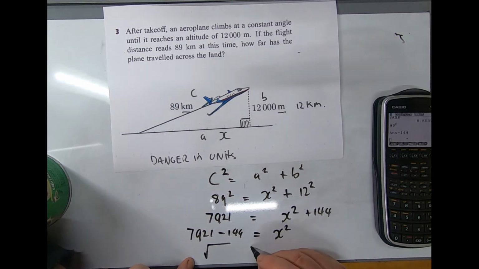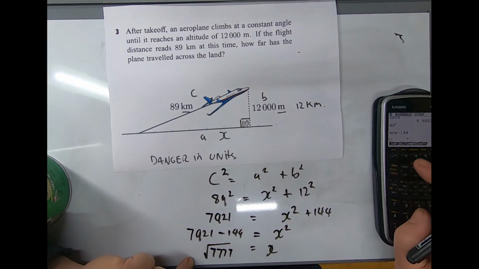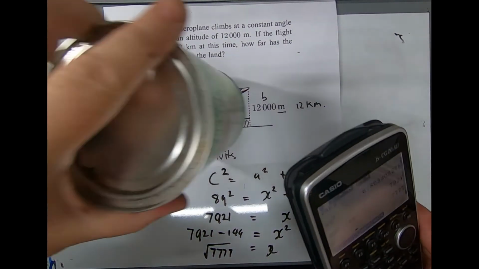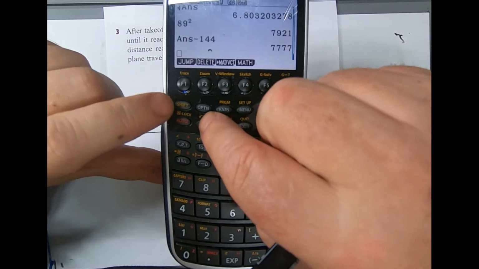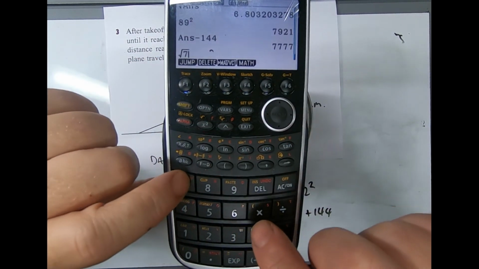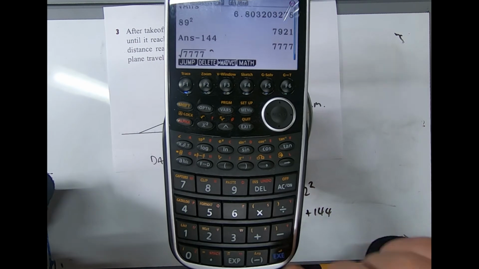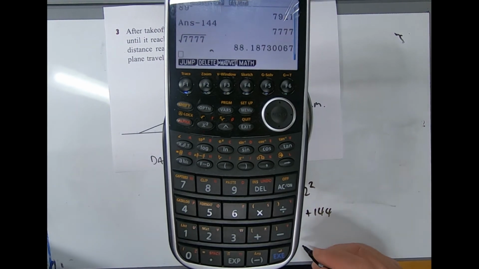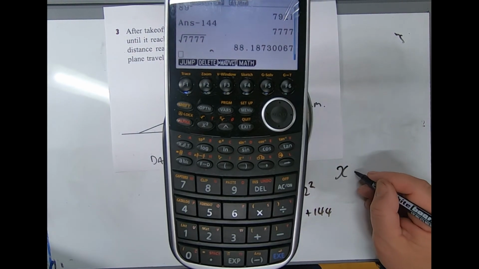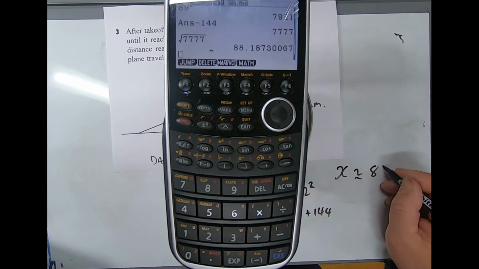So we're going to get X is the square root of whatever this is, which happened to be 7777. Now, I wonder how they got that to work. What is the square root of 7777? And so X is approximately 88.